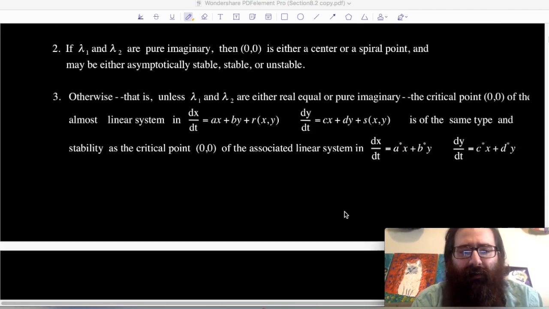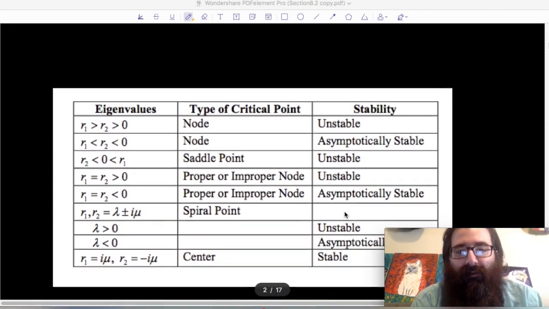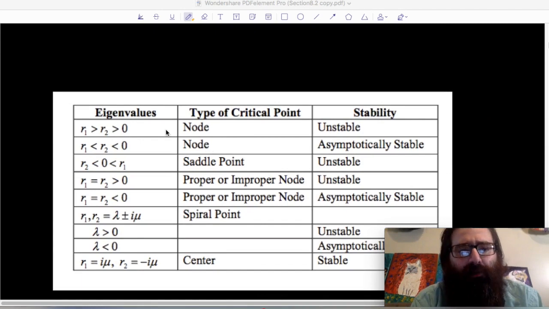Let's go ahead and take a look at some examples, but first I'd like to show a table that I think breaks this down very nicely. When we go to find the eigenvalues, we refer to them as lambda sub 1 and lambda sub 2. Here the chart uses r sub 1 and r sub 2, so I'm just pointing out a distinction there. If we have eigenvalues that are greater than 0 and distinct, we have an unstable node.